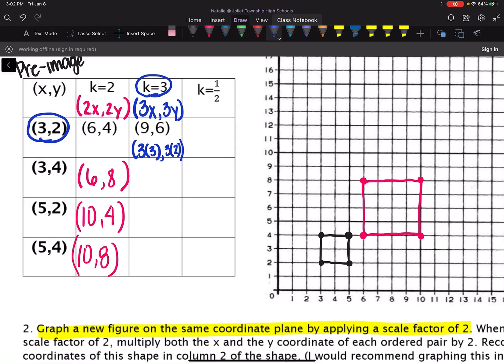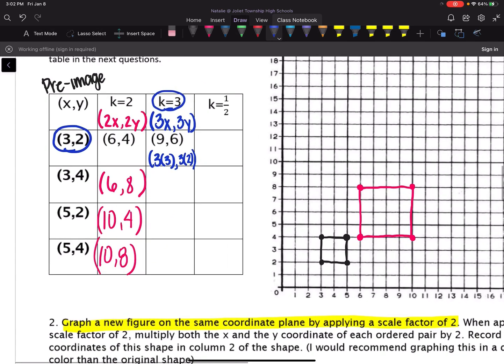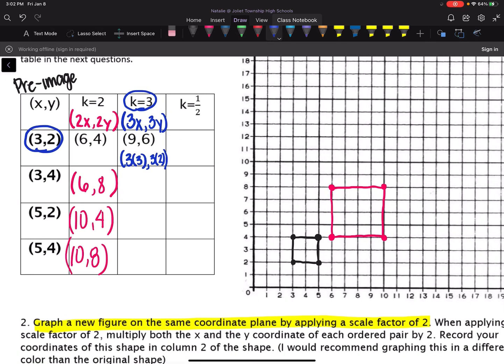I will let you fill out the rest of this chart and go ahead and graph it. This is very similar to what we just did with the k value of 2.